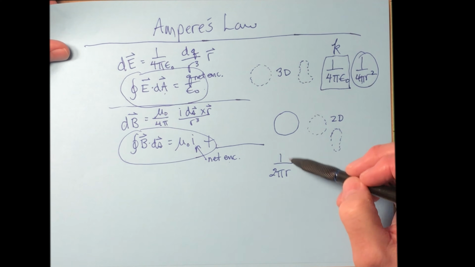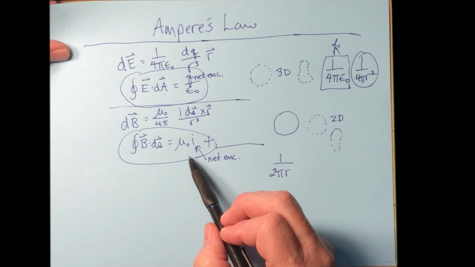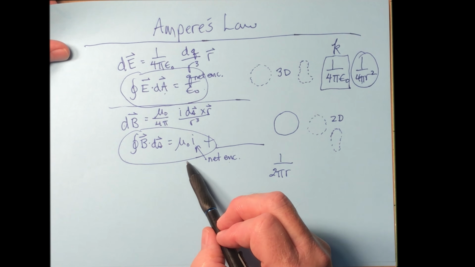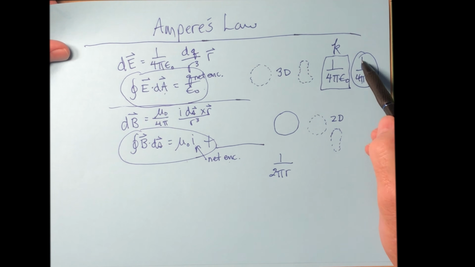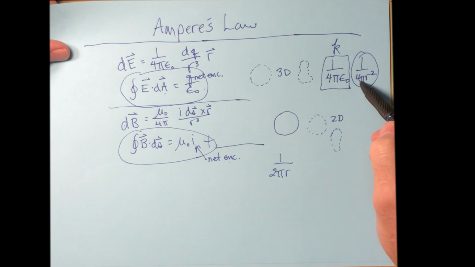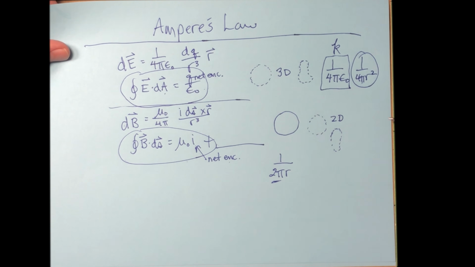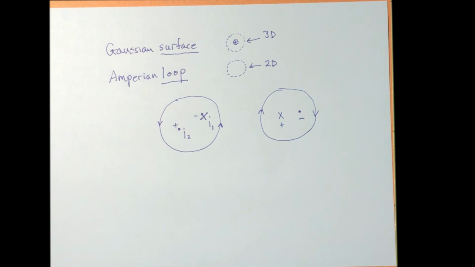So this is going to show up a lot in our Amperian loops when we use Ampere's law, the same way that 1 over 4 pi r squared showed up a lot when we use Gauss's law. So the 4 pi came about because of the symmetry of the situation. Well, the 2 pi is going to come about because of the symmetry of the situation as well. All right? All right, so let's now use Ampere's law to solve a problem.